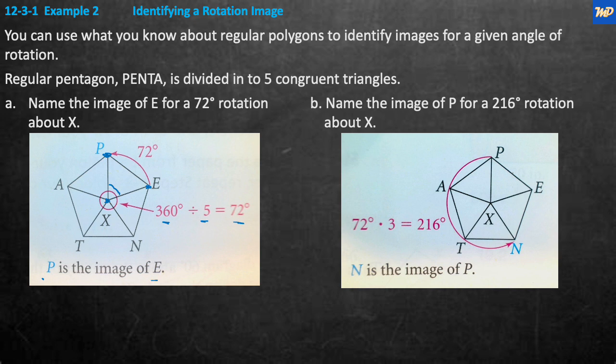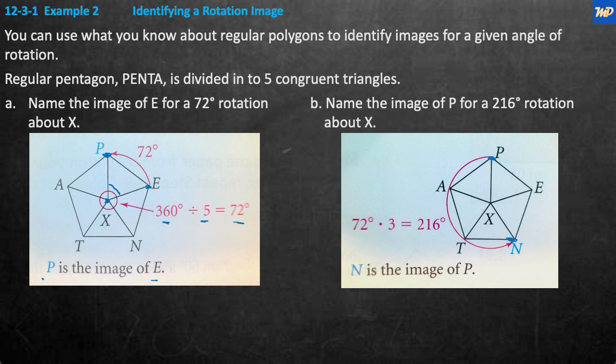So now in problem B, name the image of P for a 216 degree rotation about X. Well, they want to name the image of P, not the image P, but the image of it. So that means that P is the pre-image. Here we are, the pre-image. Okay, 216 degree rotation. 72 goes around 3 times, right? 72 times 3 is 216.